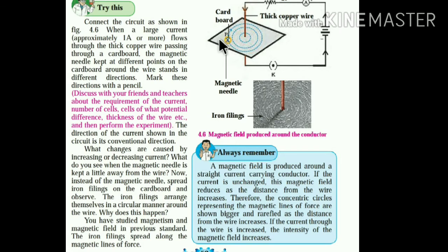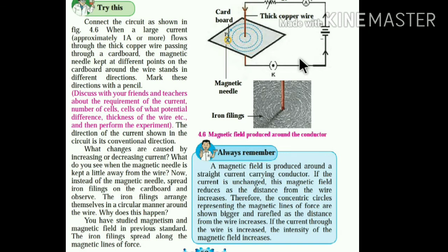The magnitude of the magnetic field produced at a given point is directly proportional to the magnitude of the current passing through the conductor. So if we increase the intensity of current, then the intensity of the magnetic field is also increased. So the magnetic field depends on the magnitude of the current.